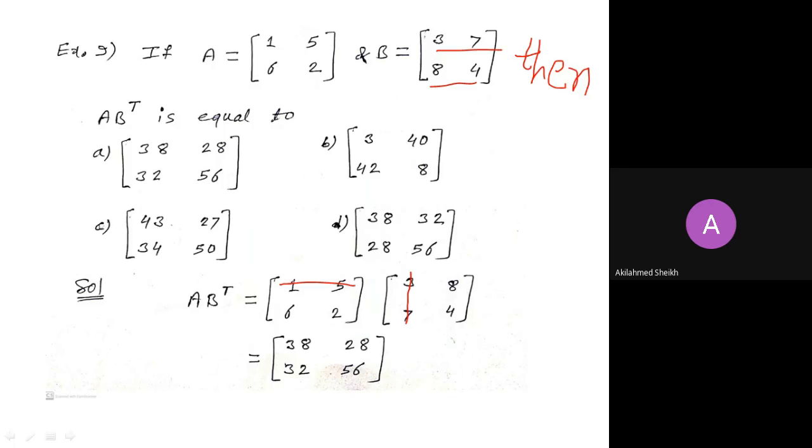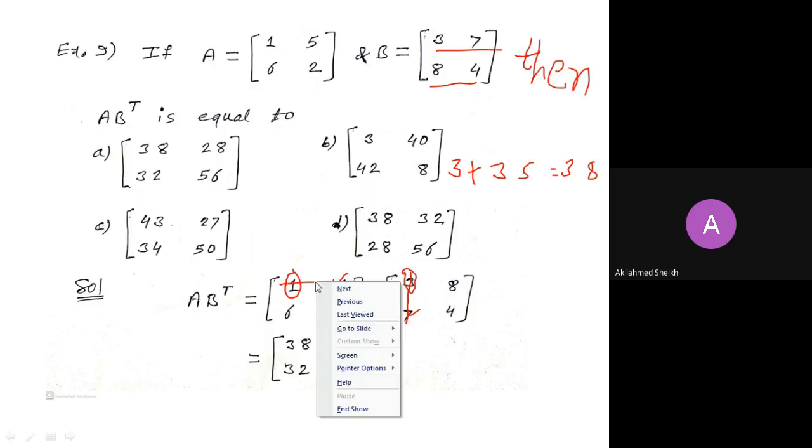So we multiply the first element into the first element, we get 3. 3 into 1 is 3, plus, next, the second element with the second element, 5 sevens are 35, so it becomes 38.